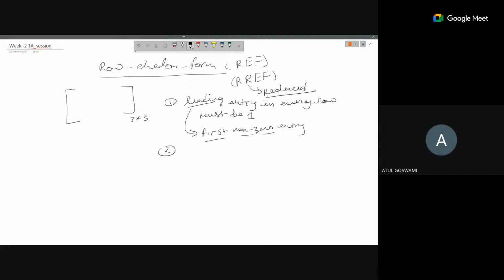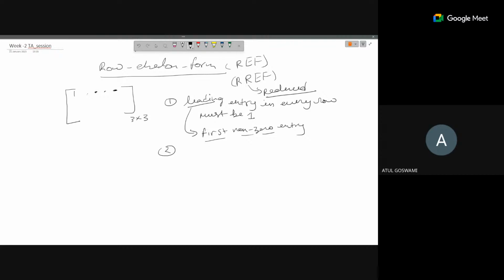So what is the second condition for row echelon form? Anyone knows? Can you repeat again what you said, if you don't mind? Yeah. What is the second condition that should be satisfied in order for a matrix to be in row echelon form? So the second condition is that the leading entry in the next row should be to the right of the leading entry of the previous row. Suppose here it is 1 and there are some values. This is a 3 by 3 matrix, so there are two more entries.